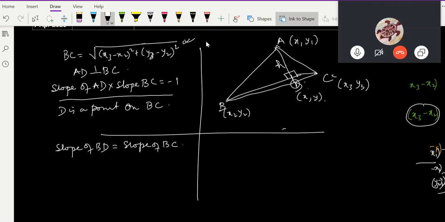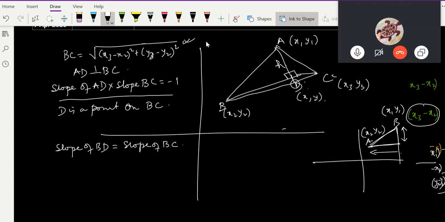What is the slope of a line? You understand slope of a line? Yes, sir. Slope of a line is, if I have a line like this AB, then the slope of AB would be this over this, which is, if B is x1, y1 and A is x2, y2, then y1 minus y2 is this over x1 minus x2 is this.